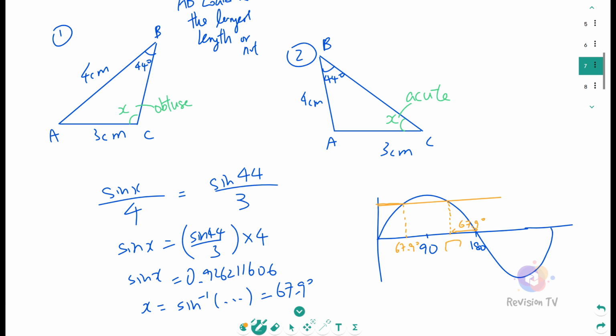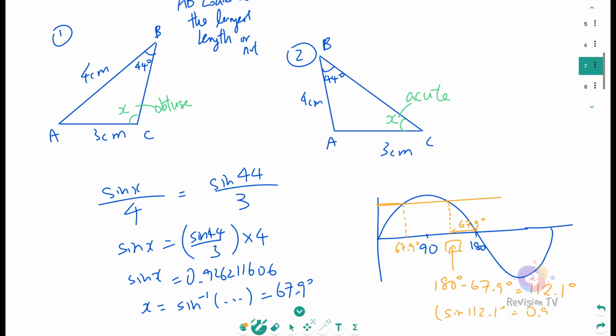Therefore, the other answer in here will be 180 degrees minus 67.9 degrees, which is 112.1 degrees. You can double check sine 112.1 degrees.